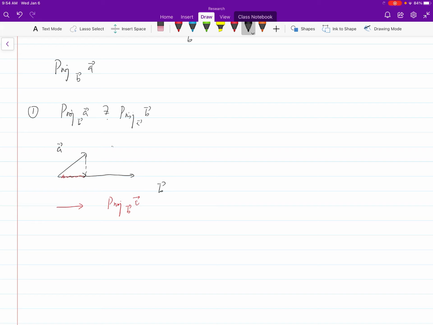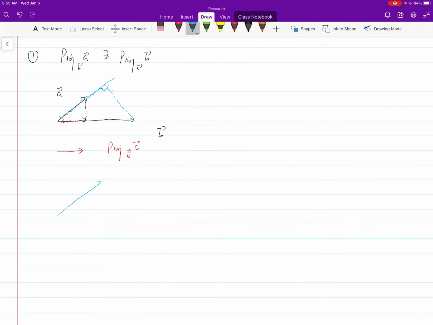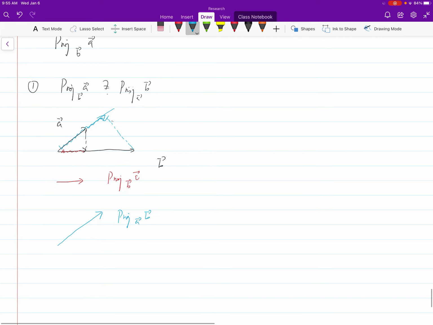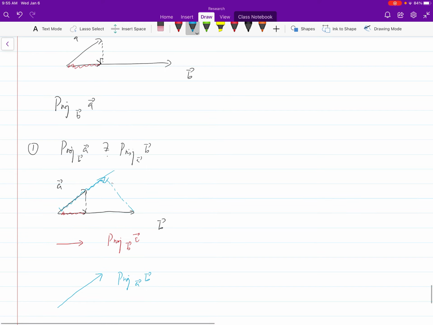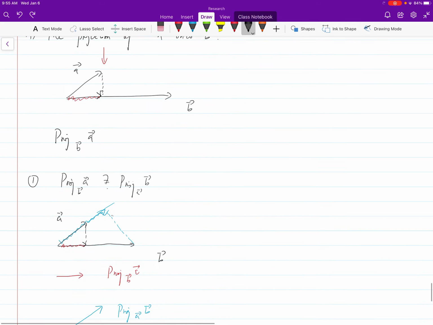That will be you have a light coming this way, perpendicular to A. So this is the projection of B onto A. You see the difference? In general, they are not the same, unless in a very rare case they become the same length. Even if they become the same length, they are not in the same direction. So in general, they are not the same. That means the order matters, so be careful with which one you put on the top and which one on the bottom. Okay, so that's the first thing.